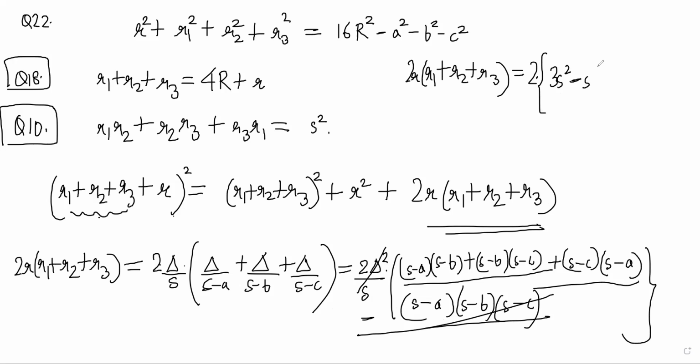So minus s can be taken common, and a plus b plus b plus c plus c plus a will be 2 times a plus b plus c, plus ab plus bc plus ca, that is what will be there. This 2 times a plus b plus c is basically going to be equal to minus 4s, right?